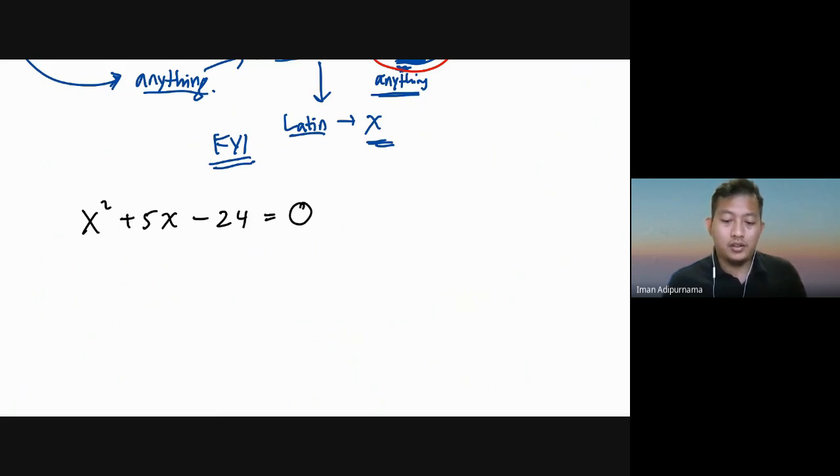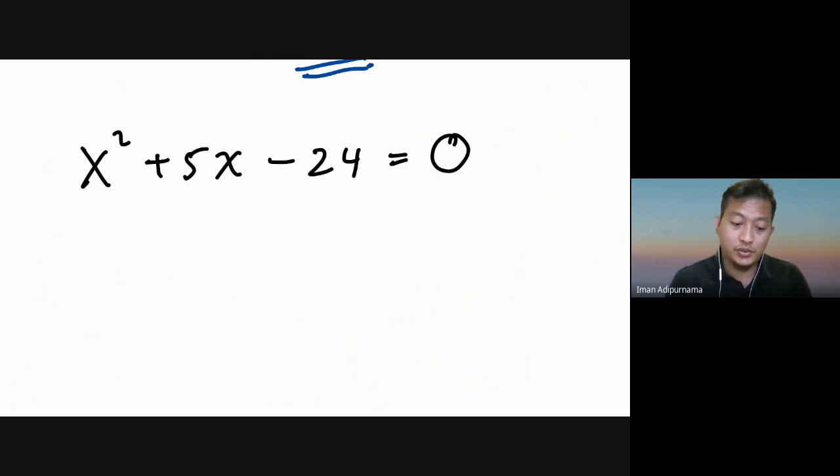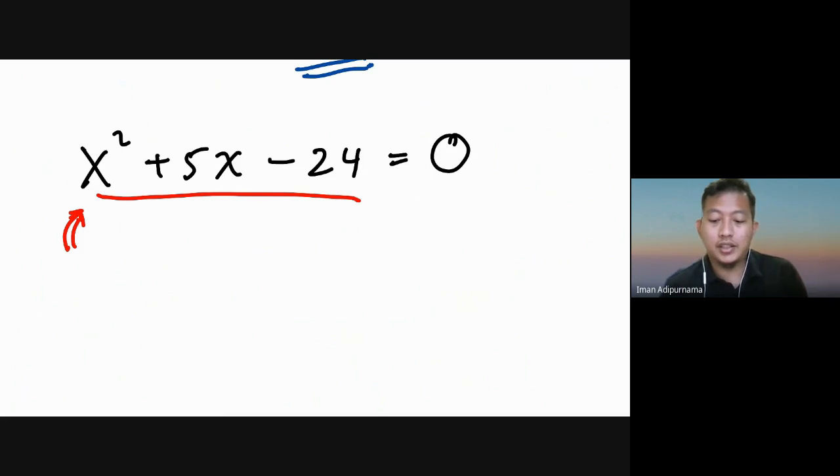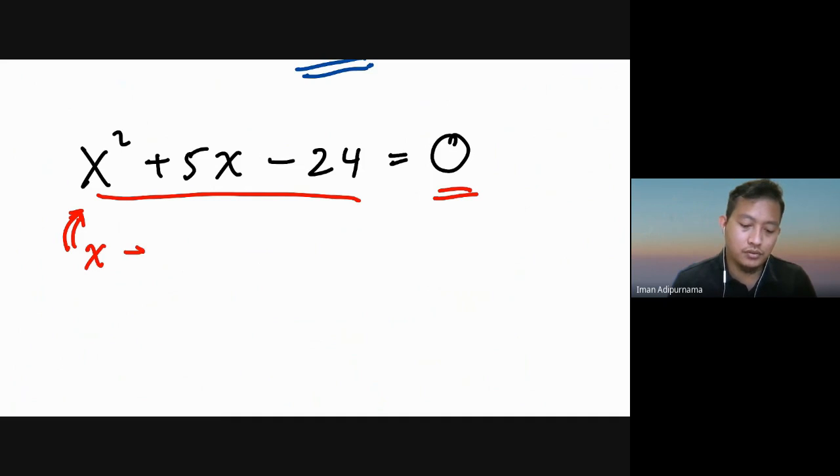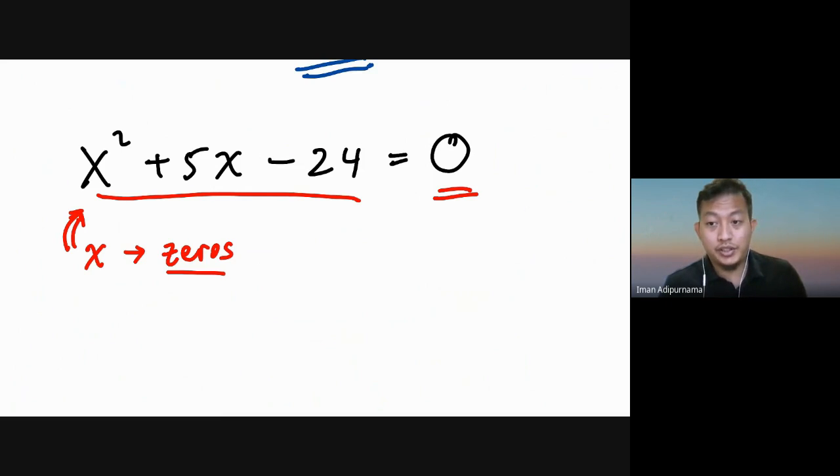What this equation means is you can have some x or a few x that when you plug into these equations will result in 0. So sometimes we also call this x the zeros. Any numbers that make the whole equation equal to 0. And it's not only one. It can be 2, 3, or 4. It depends on the equations, right?